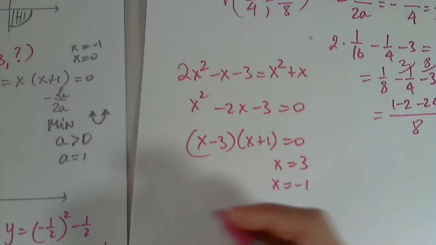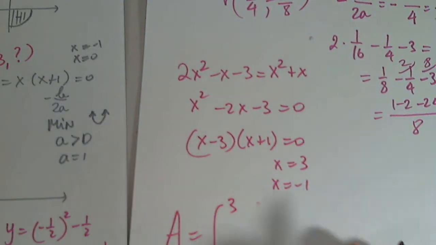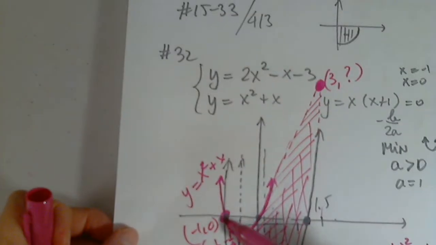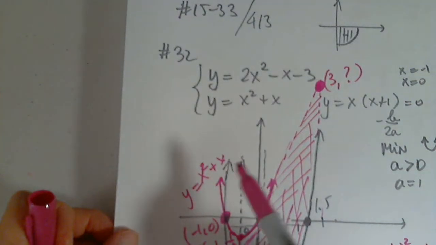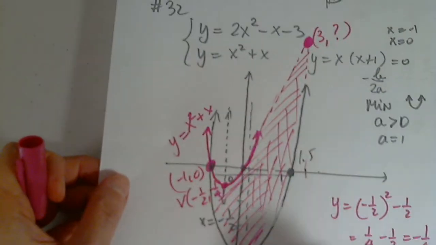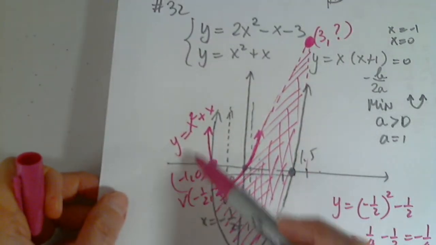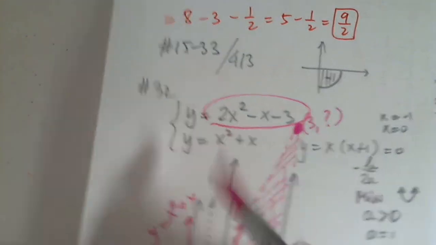So then the area will be the integral from negative 1 to 3. Careful now, from the function above, which is x squared plus x, minus the function below. But the below function is all this, and I have to put minus in front of it.